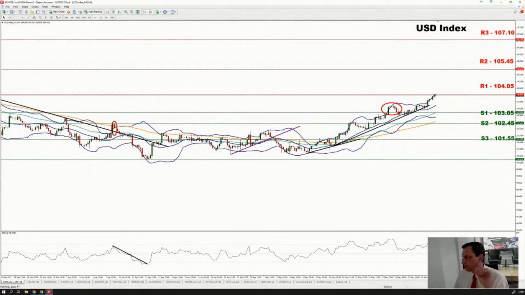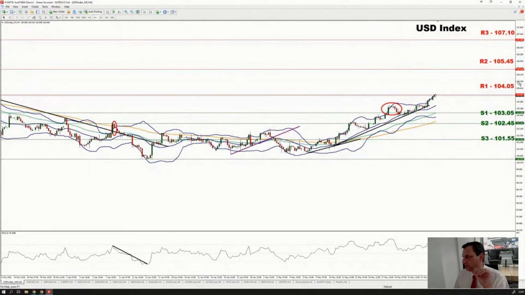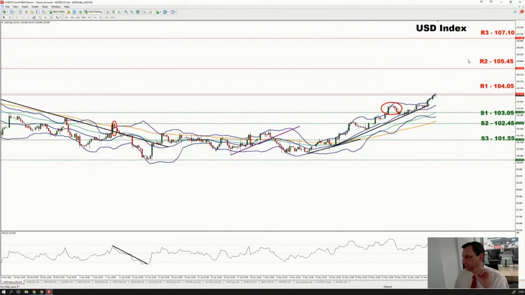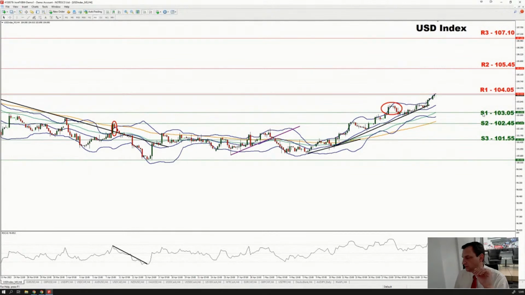Now, at this point, let's have a look at the US dollar index. It's the forward chart. We need to clean this up a little bit. Okay, let's reposition the labels. I think the S2 has served its purpose and it's time to go.